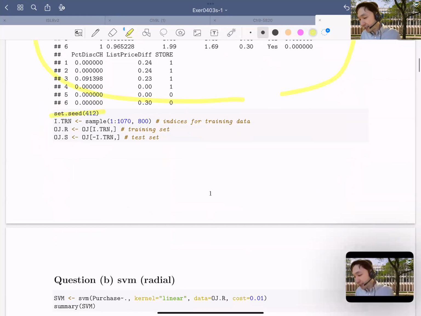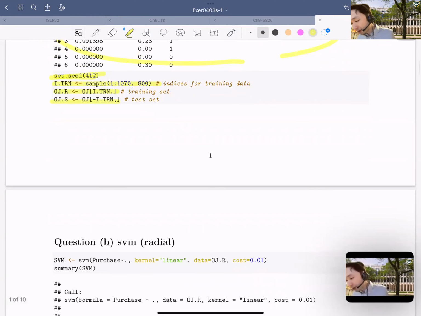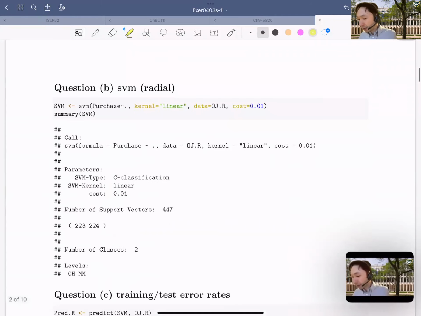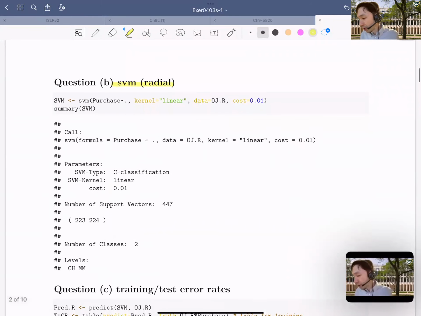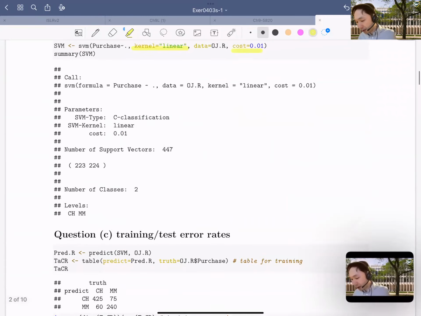And actually, how to set the training and test set affects the result of this model. So I used set.seed 412 to make the training set and the test set: training set oj.r, test set oj.s. First, the support vector machine with linear kernel with the cost parameter equal to 0.01.